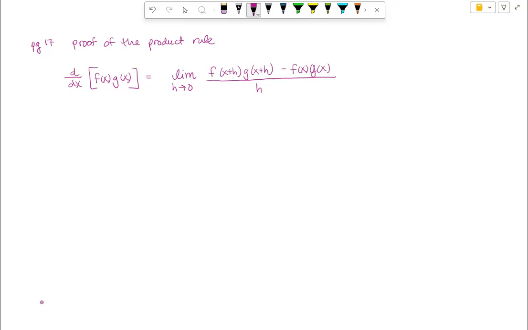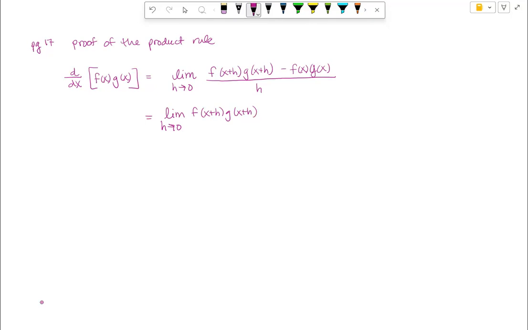So in order for us to really understand this rule, we're going to have to manipulate this in a little way. So as I'm looking at my limit as h goes to 0, I'm going to keep my first term, f of x plus h times g of x plus h, but I'm going to add and subtract.